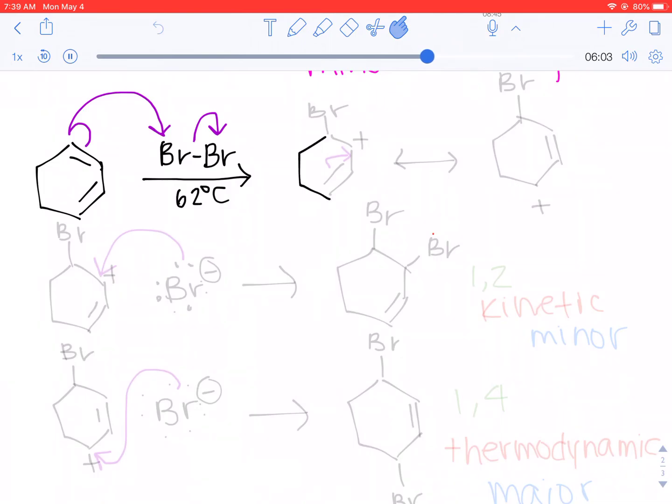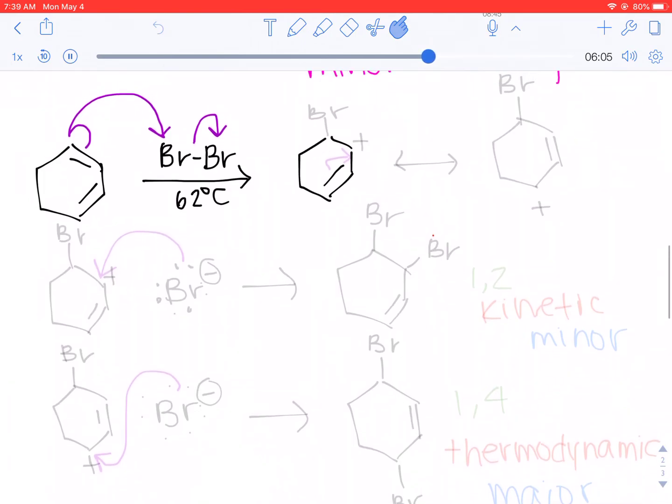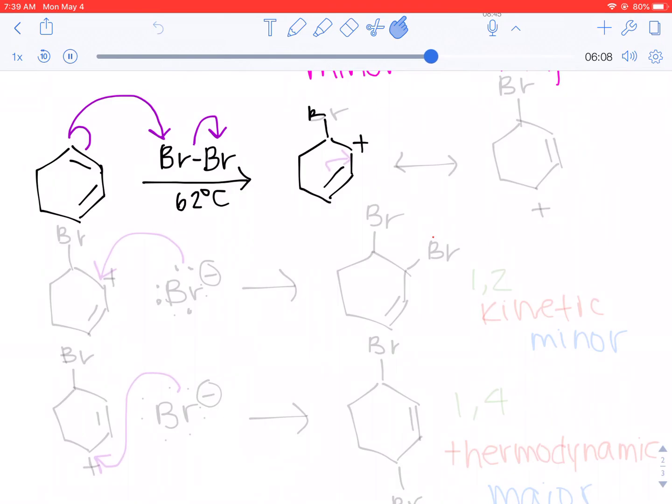This will form a carbocation intermediate with a bromine added to it. Again, this carbocation can undergo resonance when you take the electrons from this pi bond and move them here to form this carbocation intermediate.